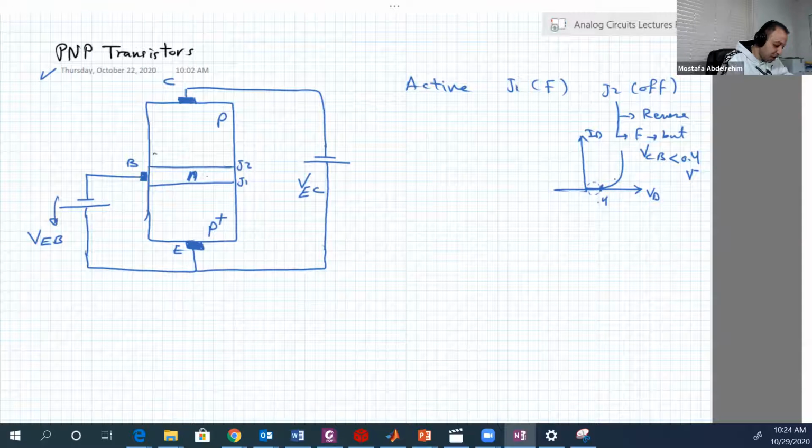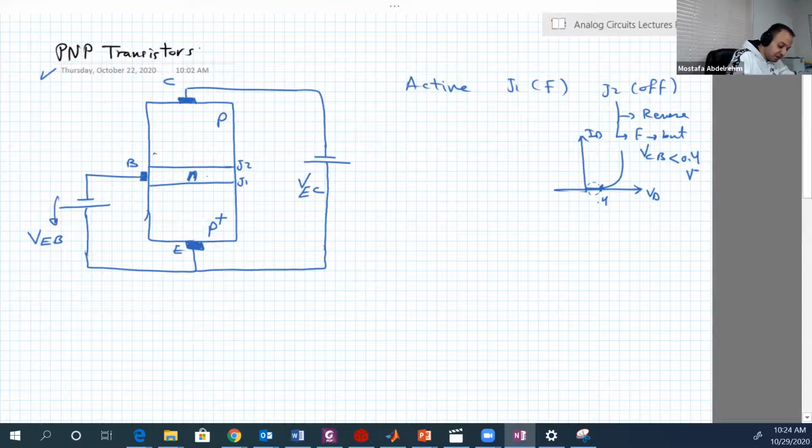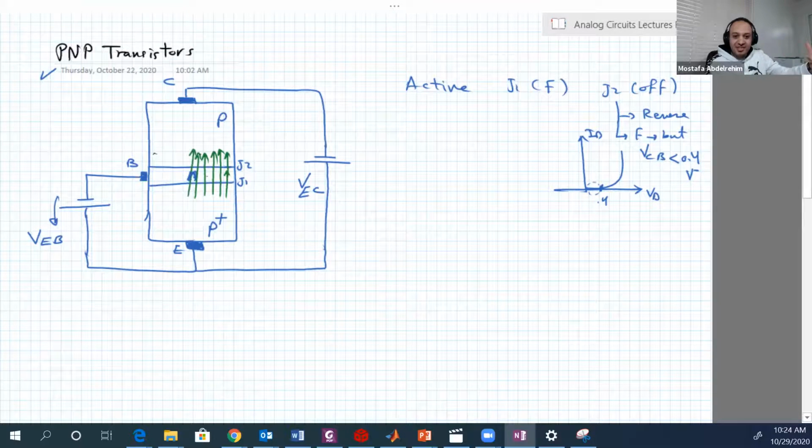And when it conducts, the currents will be something like this. We have a huge amount of holes, not electrons, emitted from the emitter. So the emitter now is emitting holes.